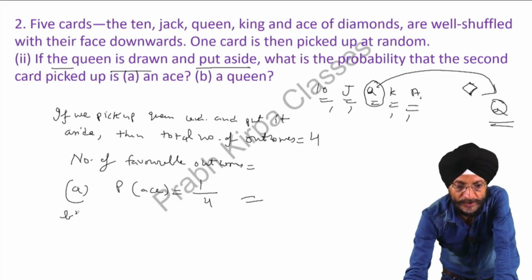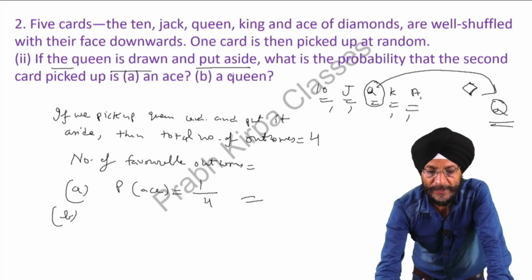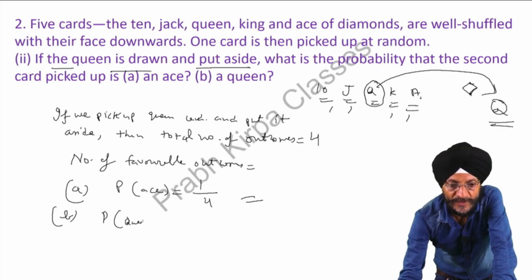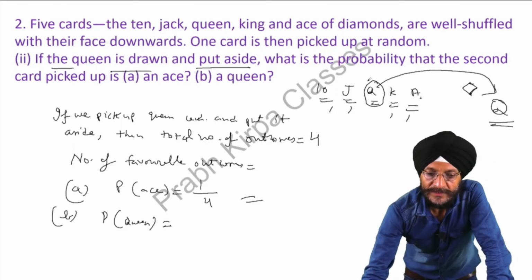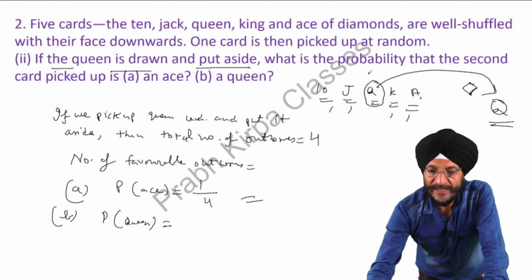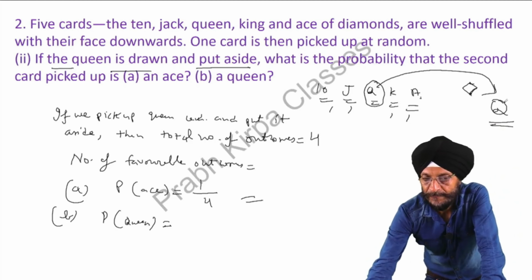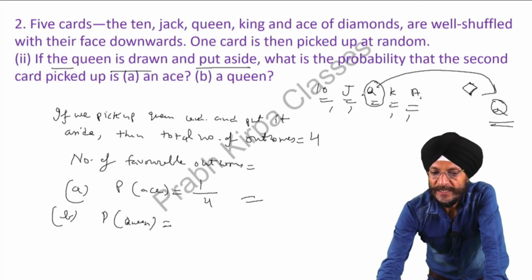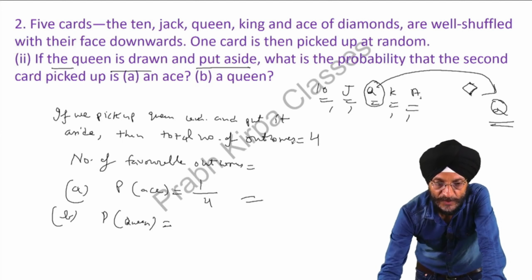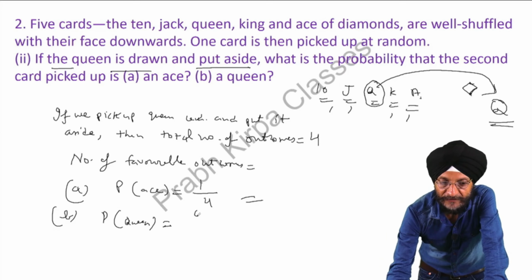Now the next part of the question. What is the probability of getting a queen? Probability of queen. From the question we had learnt that we had already put the queen aside. There is no queen left in these 4 cards because these cards are only 10, Jack, King and Ace. So we have no queen card balance.